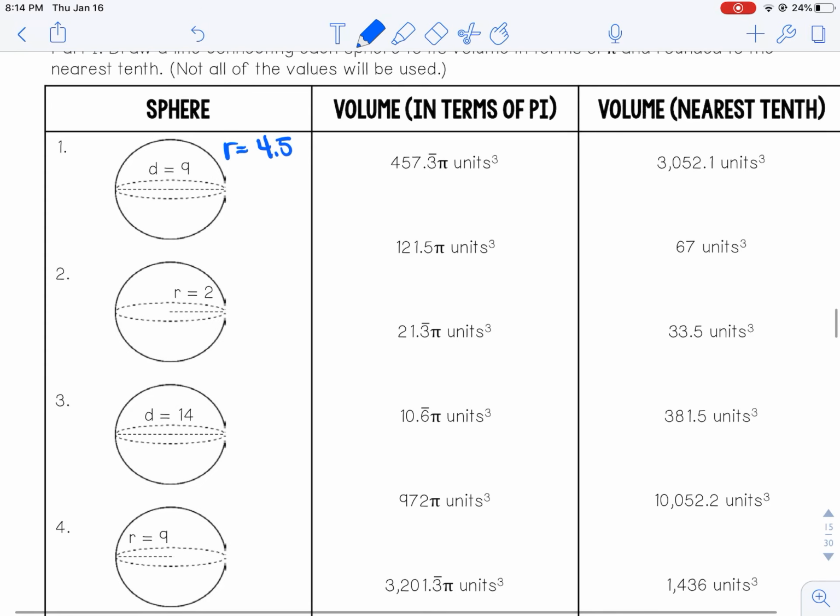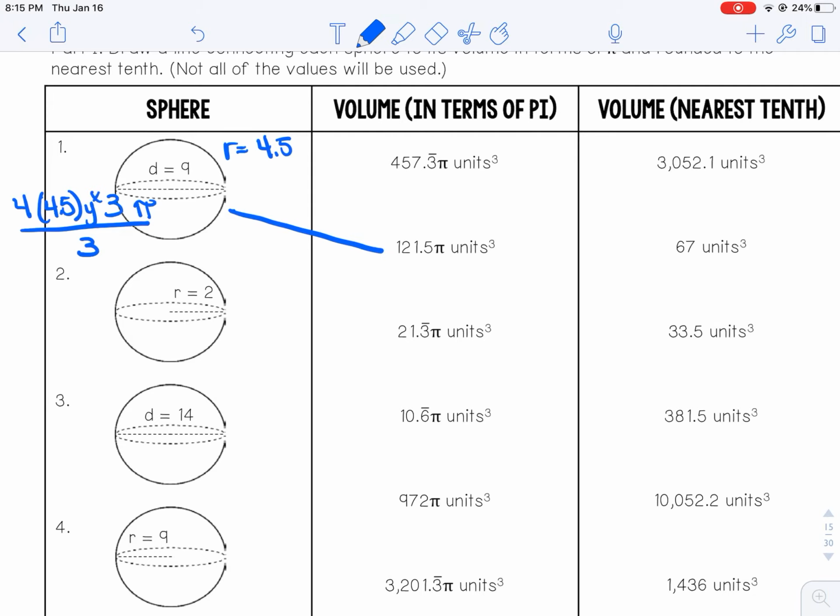Okay, so in terms of pi, we would do 4 times the radius, raise that to the 3rd power, pi, all of that divided by 3. So 4 times 4.5 raised to the 3rd power divided by 3 is equal to 121.5 pi units cubed, right there.